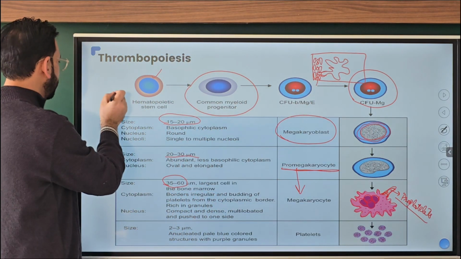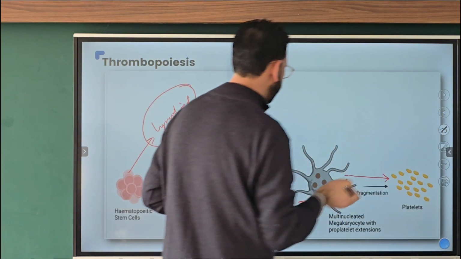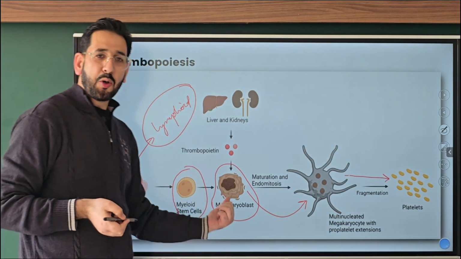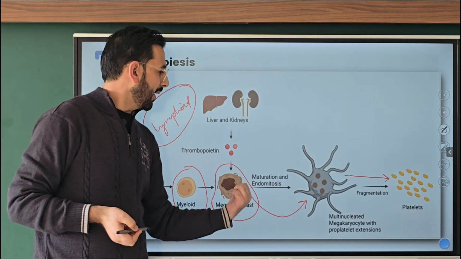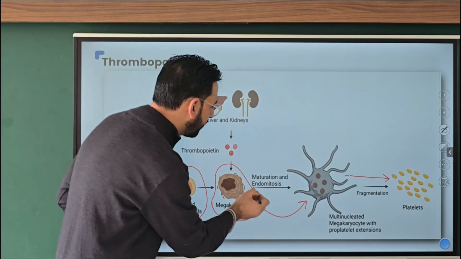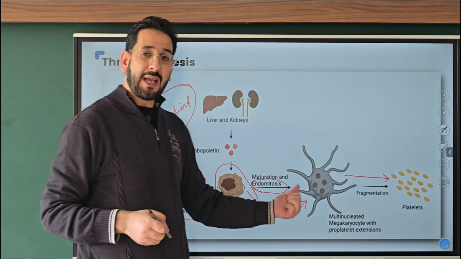Okay, now we can see here in the previous slide, we have the megakaryoblast, and from the megakaryoblast we have the promegakaryocyte. Promegakaryocyte will go through the process of endomitosis, and there will be the formation of megakaryocyte.